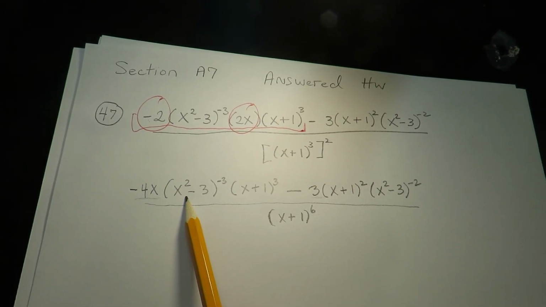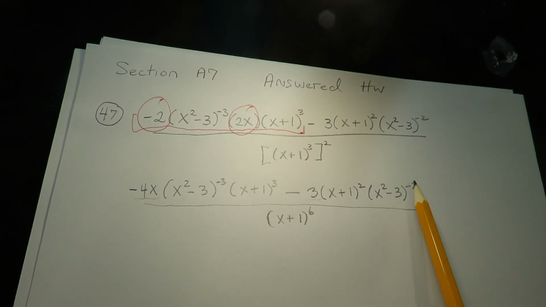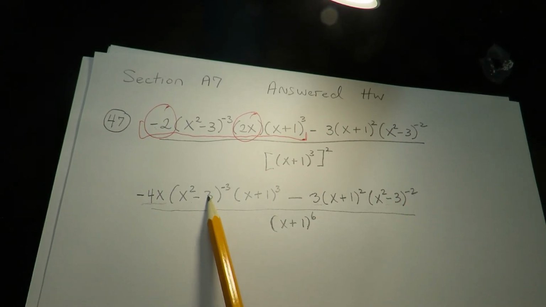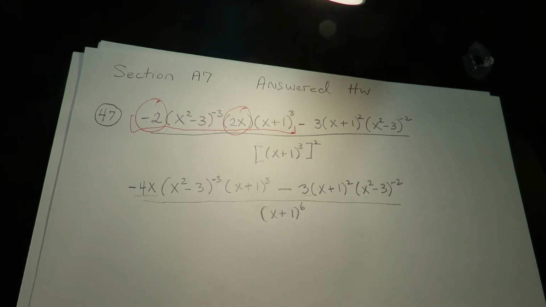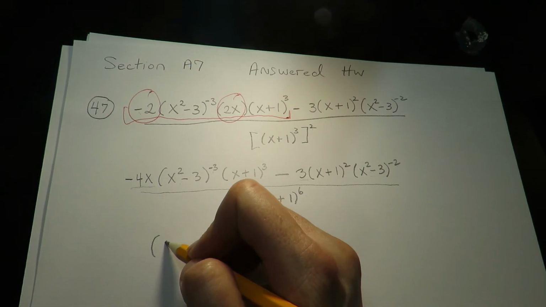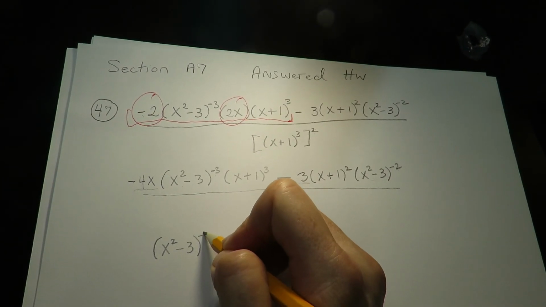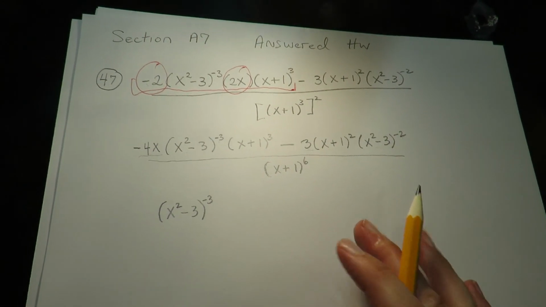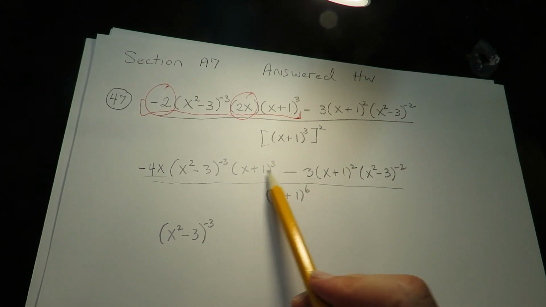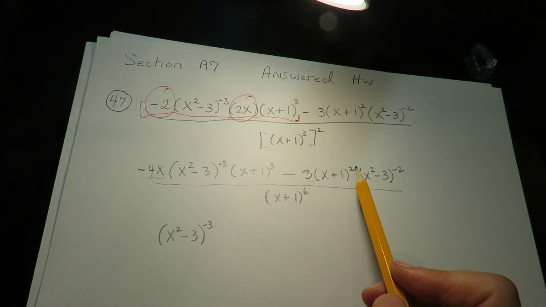Alright, now this binomial, this is to a -3. This one is to a -2. So this guy's smaller. This exponent's smaller, which makes it the common factor. Okay, now I'm going to compare these binomials. This is a 3, this is a 2.